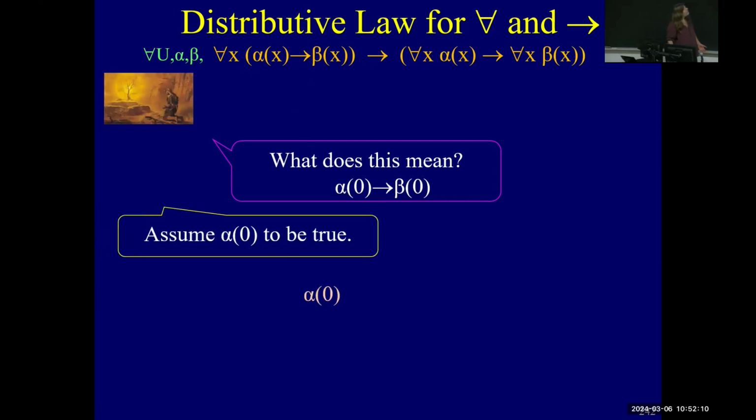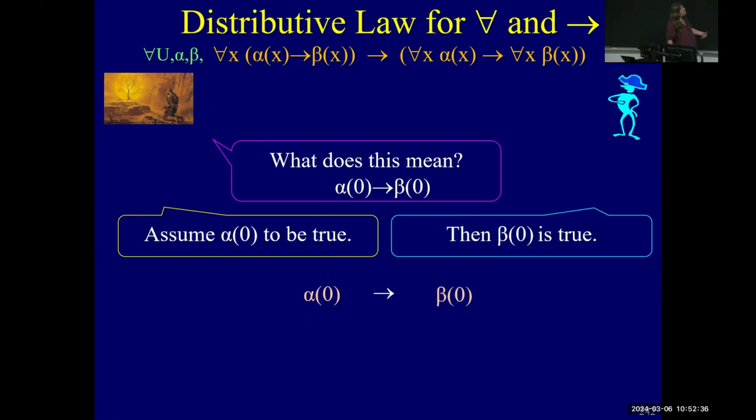Well, it means if we assume alpha is true for 0, remember we're given which objects alpha is true for, and we're told which objects beta is true for, right? That's what our universe gives us, and those are arbitrary. So we say, suppose alpha happens to be true for 0, then beta will be true for 0. That's what it means. You all know that.